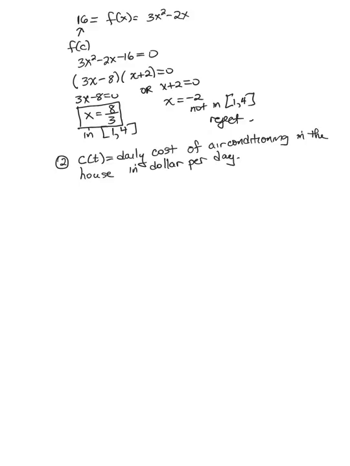So this is a rate of change. t is the time in days and t equals 0 corresponds to July 1st, 2017.